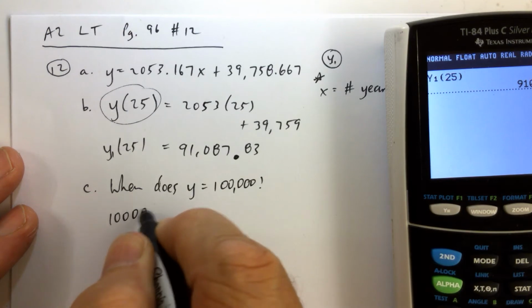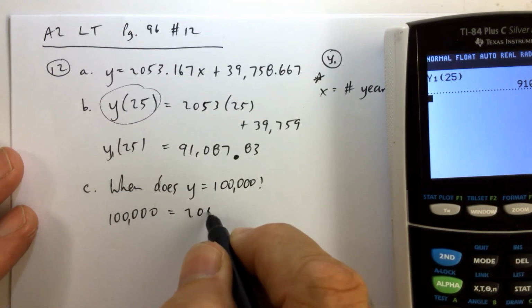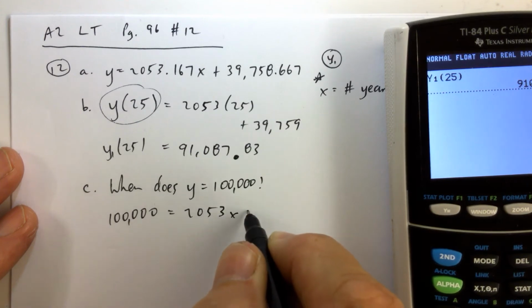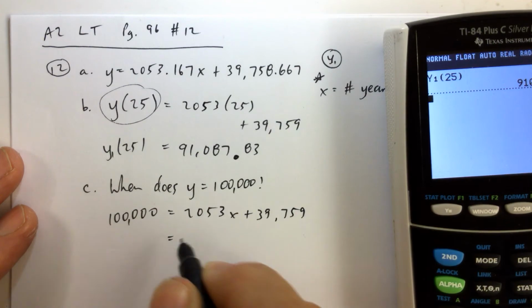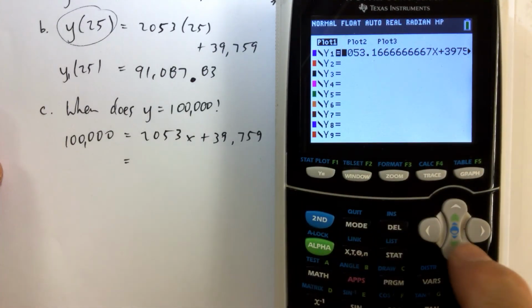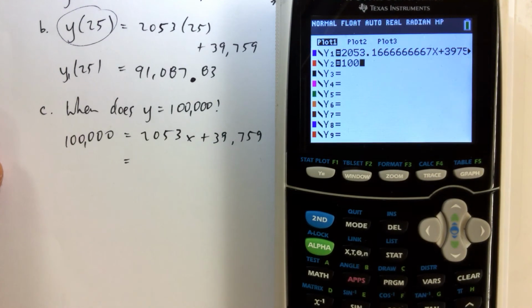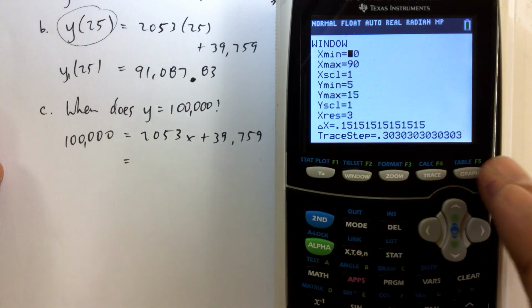So we set 100,000 equal to this function, 2053x plus 39,759. And we're going to solve for x, and we already know how to do that. We let Y2 equal 100,000, and let's just draw the graph.